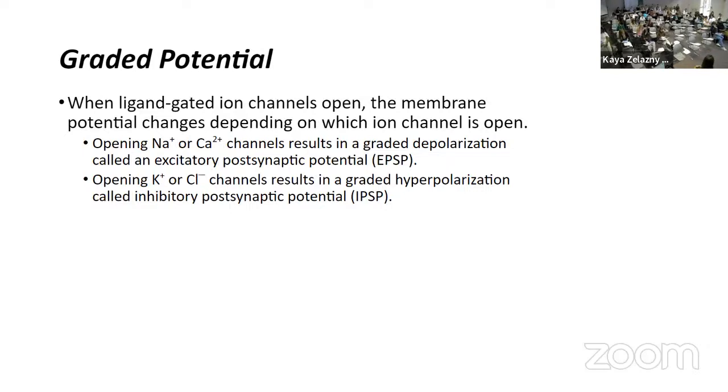And eventually a channel is going to open. Our simplest are when we have just ligand-gated ion channels. In that case, our neurotransmitter is our ligand, binds onto the channel, and opens. And then depending which ions move, we have a change to the membrane potential, either going up, depolarizing, excitatory, or going down, hyperpolarizing, inhibitory. Okay?